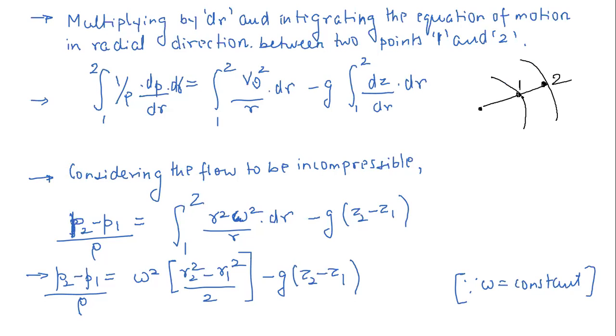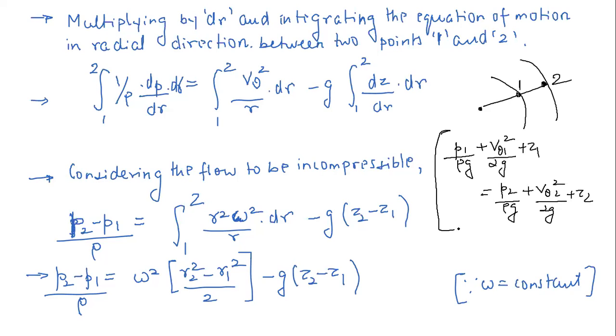Now just tell me one thing here, very important. For a free vortex flow, I was writing the equation like this: P1 by rho g plus V theta 1 square by 2g plus Z1 is equal to P2 by rho g plus V theta 2 square by 2g plus Z2. I was writing it like this for a free vortex flow because there Bernoulli's equation was valid throughout the entire flow field.